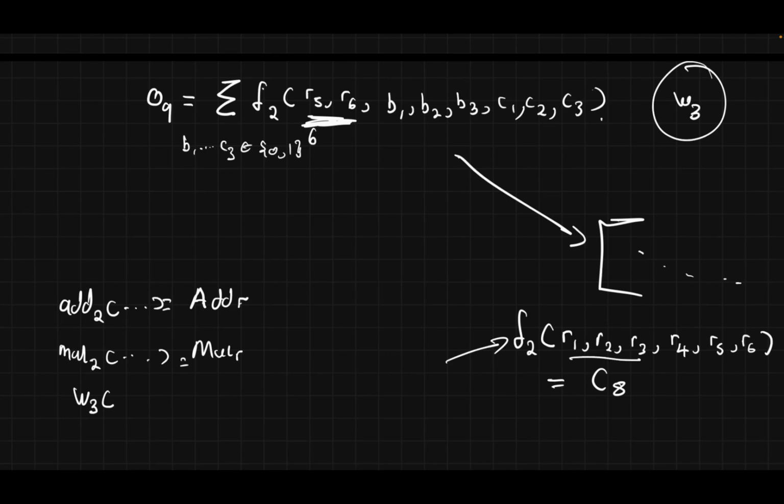R1, R2, R3. And it's supposed to be able to do W3 of R4, R5, R6. Remember that it's always split in half. Like this is the B and this is the C. And the verifier has W3, so it knows how to do this. So it's going to get, let's say, O10, O11.